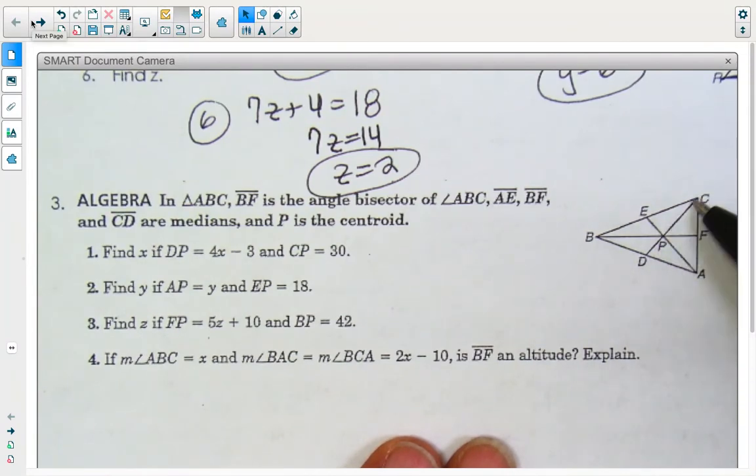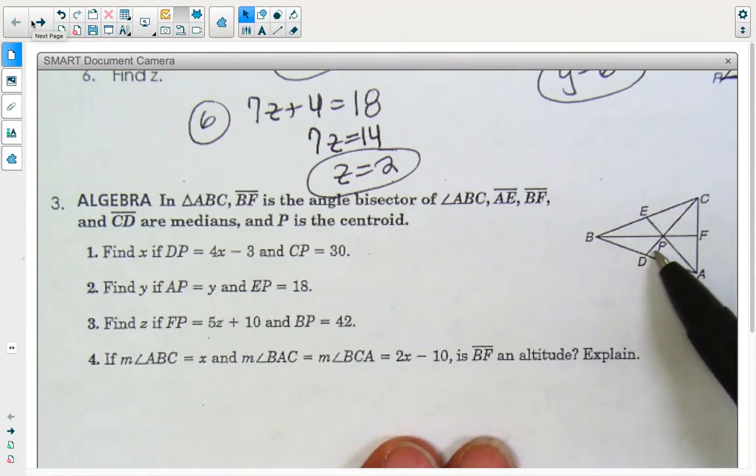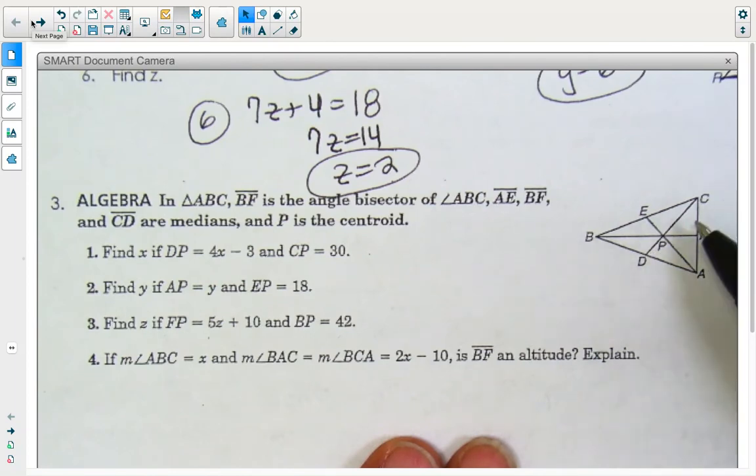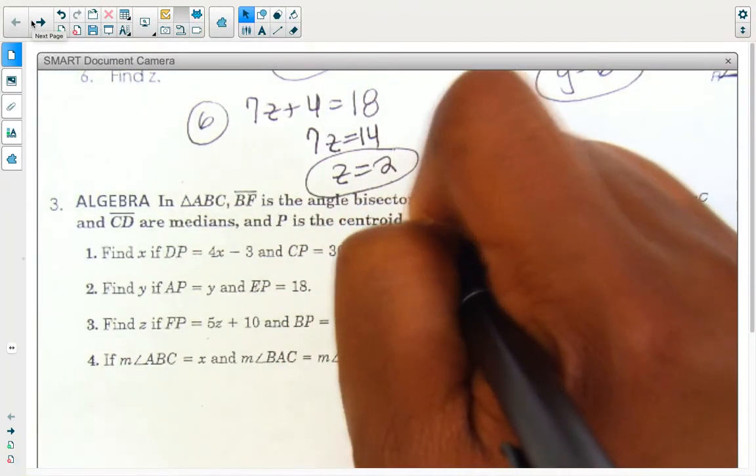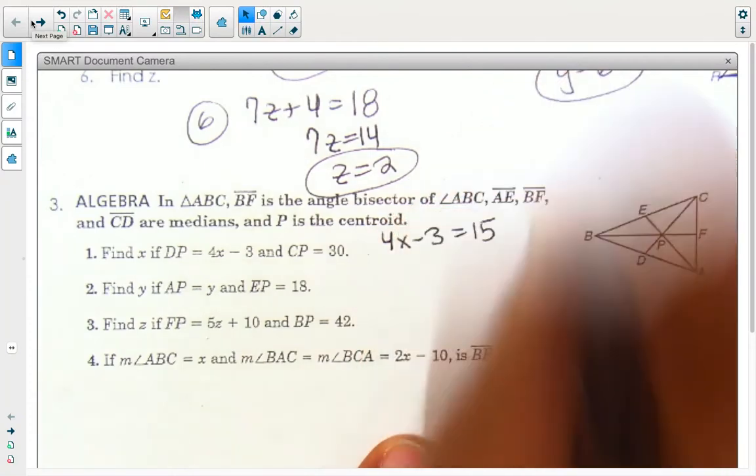This section is 30. This section is 2/3 of the whole median. So CP is 2/3 of the whole median. So this part counts as 1/3. So if this section is 30, I just need to divide it by 2 so that I can get 1/3 instead of 2/3. So the equation that we're setting up is 4x minus 3 equals 15.